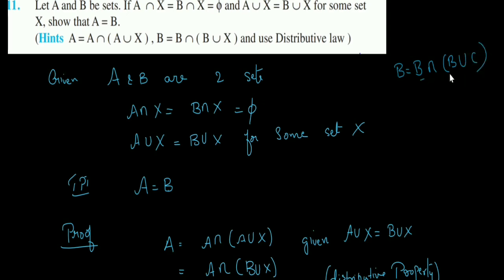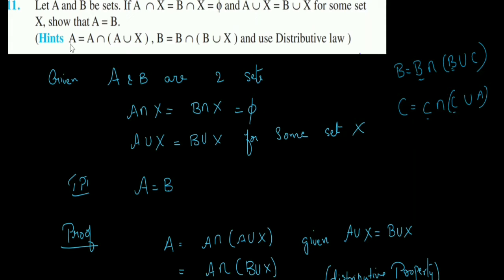If you have B and B here with an intersection, then the result will be equal to B itself. I'll give another example. Set C you can write as C intersection (C union some other set). If you have C and C, the final answer will be the set C itself.